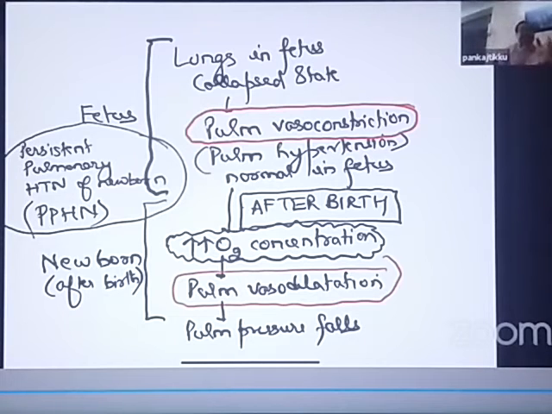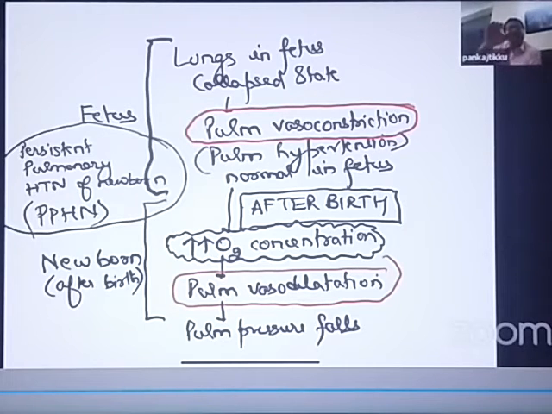In fact, this condition does not only occur in a diaphragmatic hernia, it can occur in any condition in which the child is not able to breathe properly after birth. Because if the child is not able to breathe properly, the child will not be able to take in oxygen. And then that pulmonary vasodilatation which should have happened after birth and those pulmonary pressures that should have fallen, that never happens.